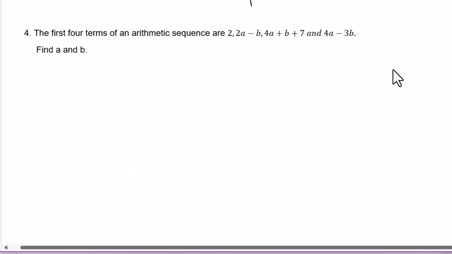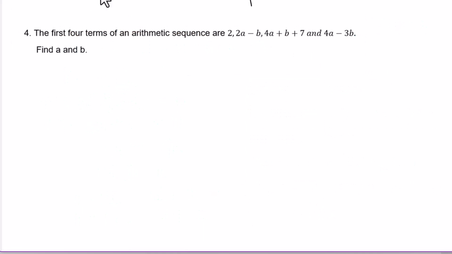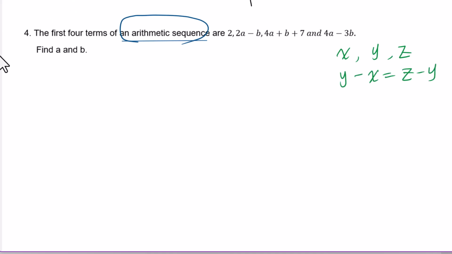4. The first 4 terms of an arithmetic sequence are 2a minus b, 4a plus b plus 7, and 4a minus 3b. Find a and b. For consecutive arithmetic sequence x, y, z, y minus x equals z minus y.